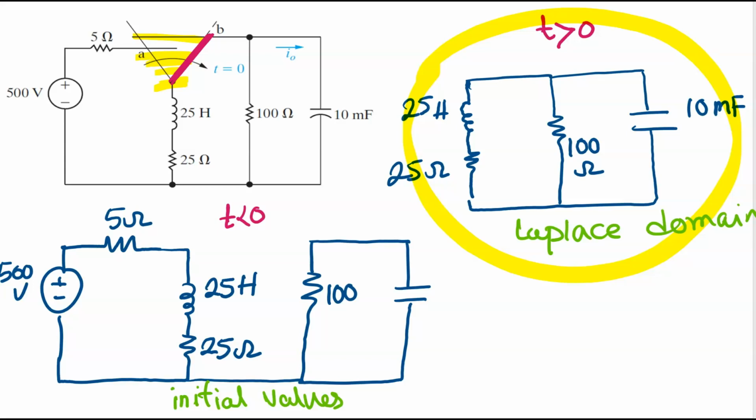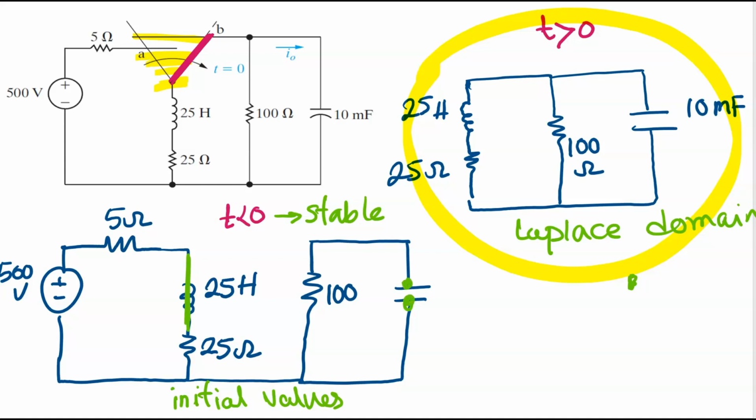Now let's go to the initial values. For initial values, what I know is that because it's before applying the change, before changing the location of the switch, the circuit before zero is a stable circuit. It means that I can short circuit my inductor and I can open circuit my capacitor.